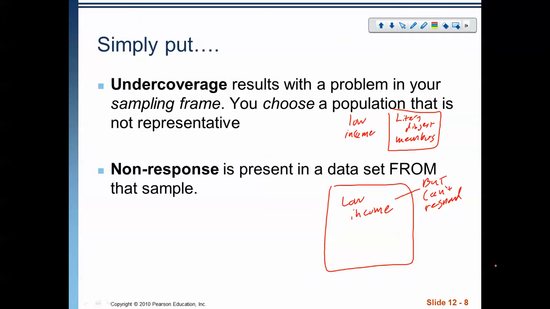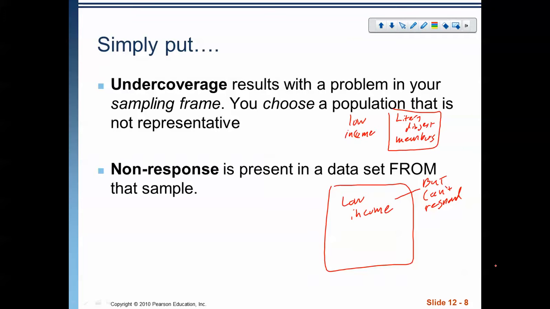Like, we put the survey in Literary Digest and Highlights magazine. Just trying to think of a low-income magazine that they might get. We put it in Cosmo and Literary Digest. But the people who read Cosmo didn't submit their answers as much, right? So they were in the sampling frame, but they didn't put their responses in. They were non-respondents. Does that make sense?